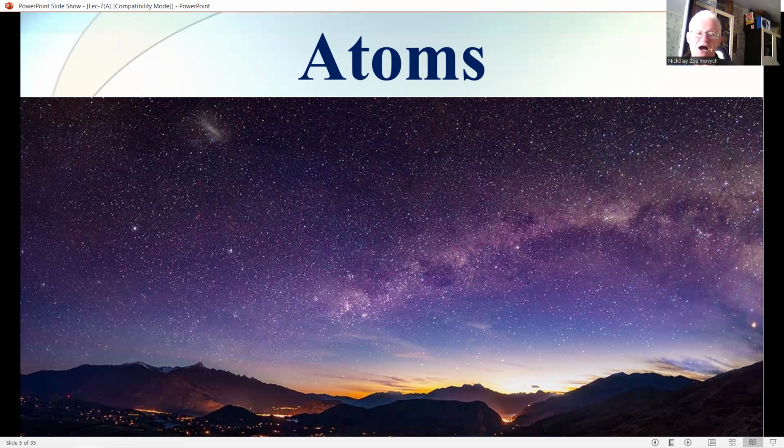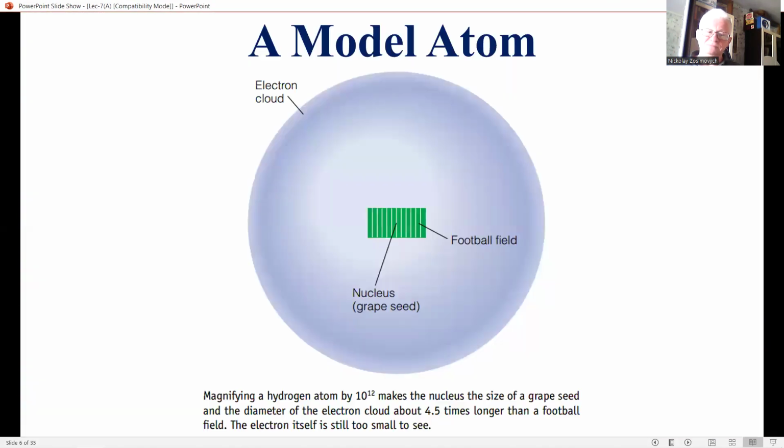To think about atoms and how they interact with light, you need a working model of an atom. In previous lectures, you used a working model of the sky, the celestial sphere, and in this lecture, you will begin your study of atoms by creating a model of an atom.